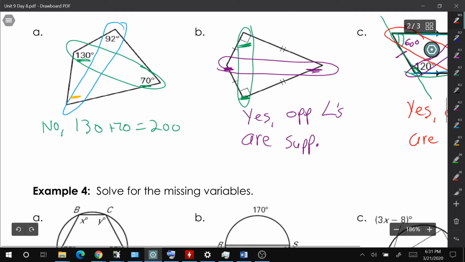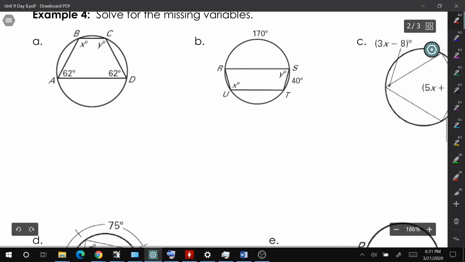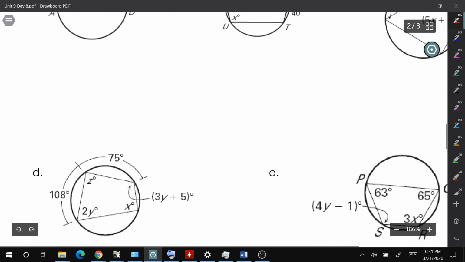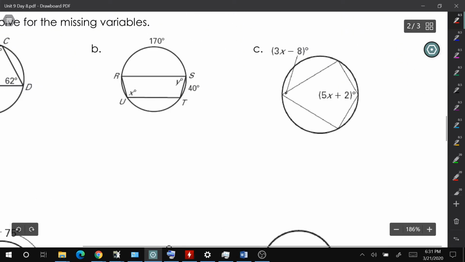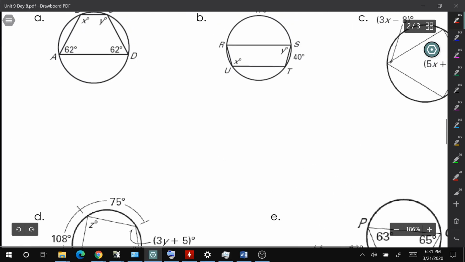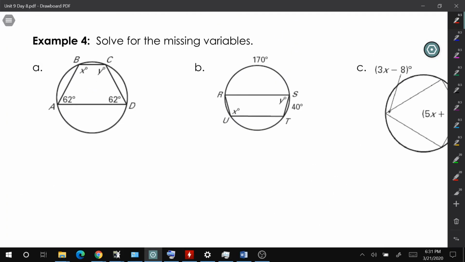Alright, in example 4, I'm going to do letters A, B, and D, and then I'm going to have you try C and E. So in letter A, we have these two angles that should add up to 180, and these two angles that should add to 180.